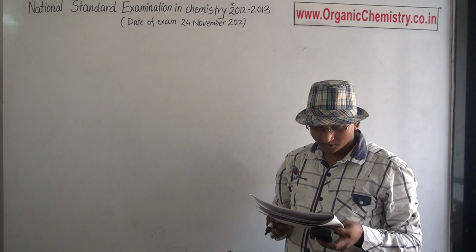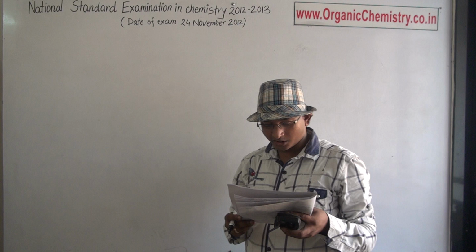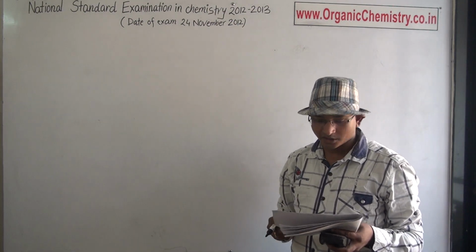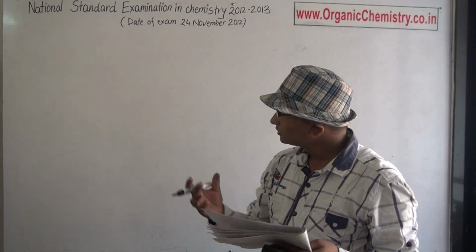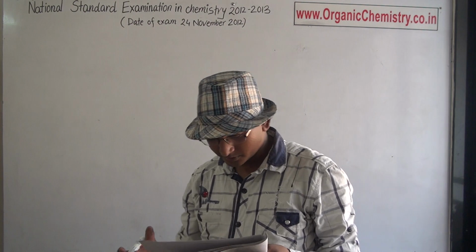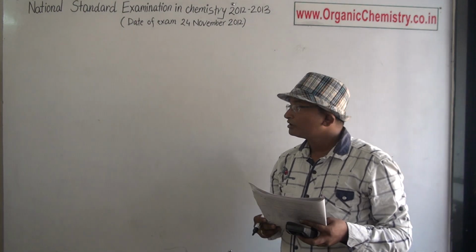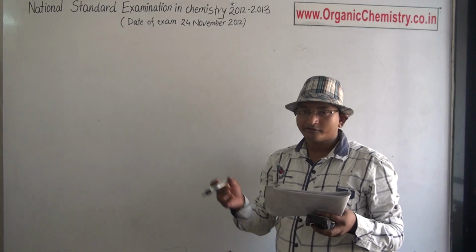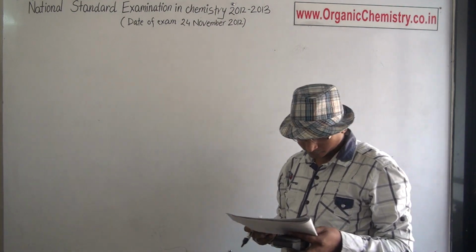So pheromones are the chemical substances which are secreted by insects. This is the answer. Pheromones are secreted by insects to attract female insects.